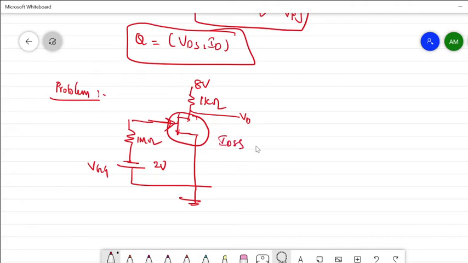Then these two values are also given: IDSS is equal to 10 milliamperes and VP, pinch off voltage, is minus 4 volts.